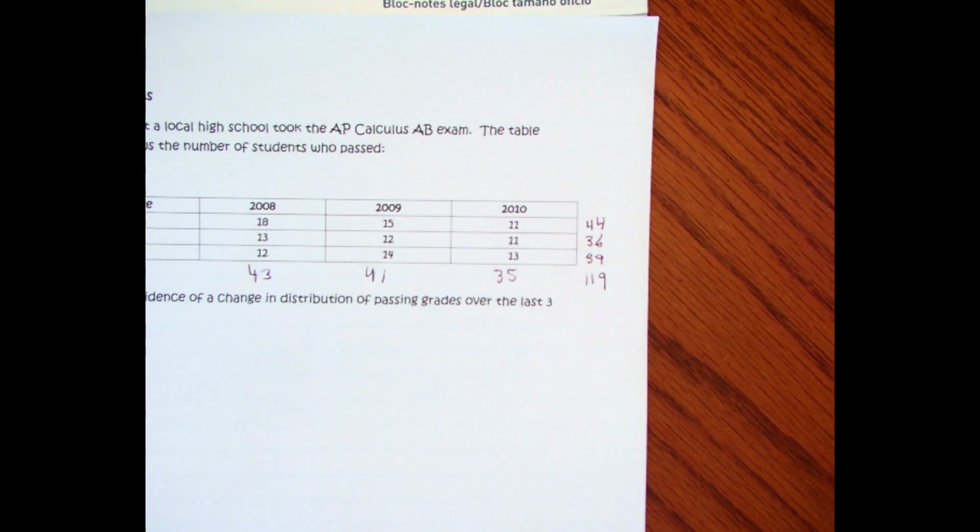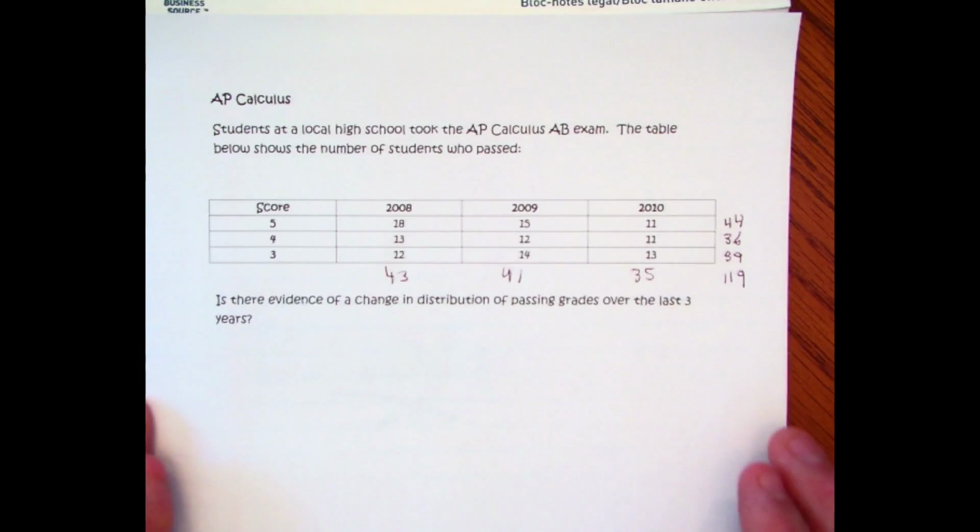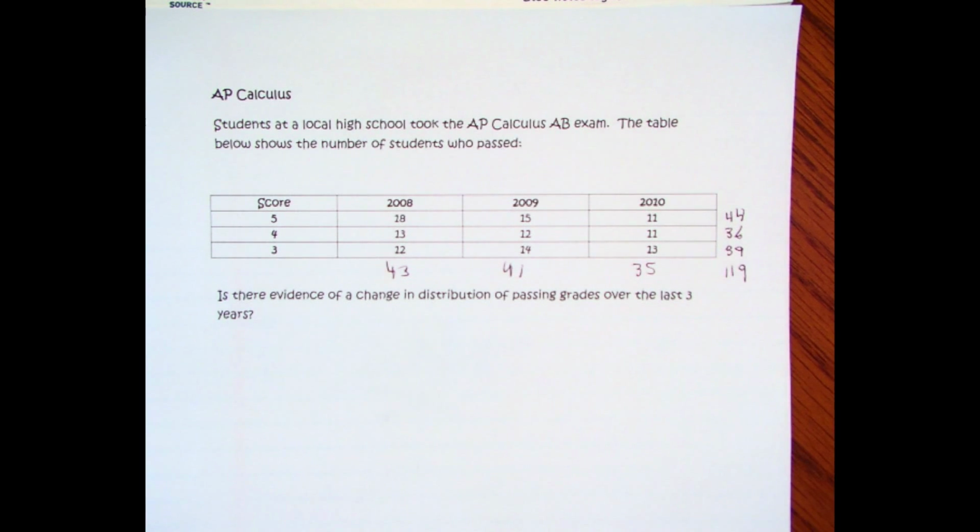All right, so here is the next kind of test. All right, now right away you see that the data is presented differently. So you're dealing with a table. Okay, you're dealing with a table of values, not a list, not a given distribution.